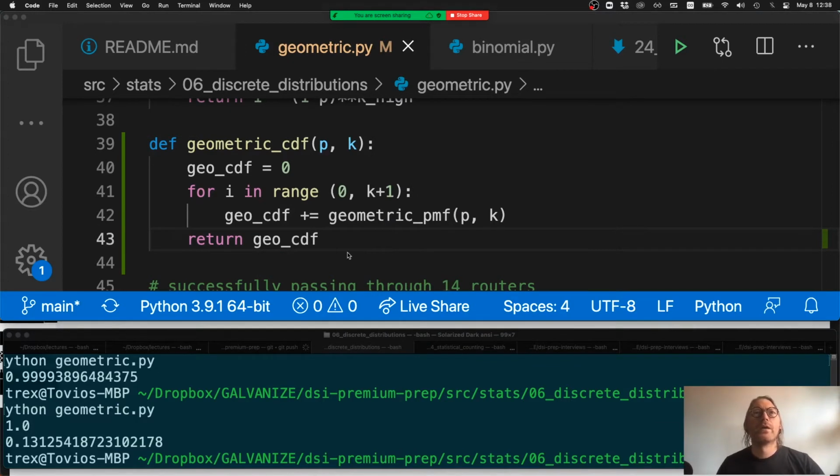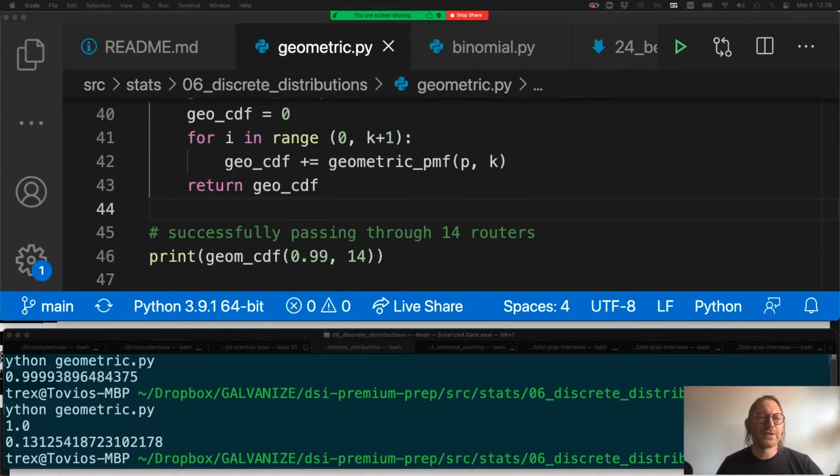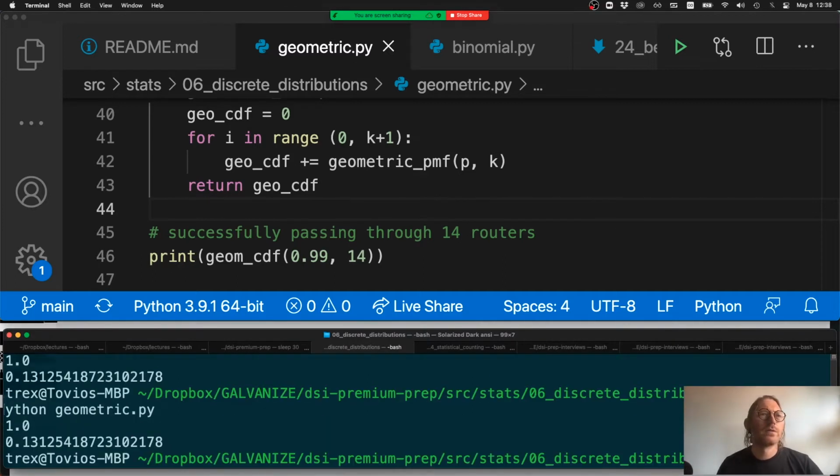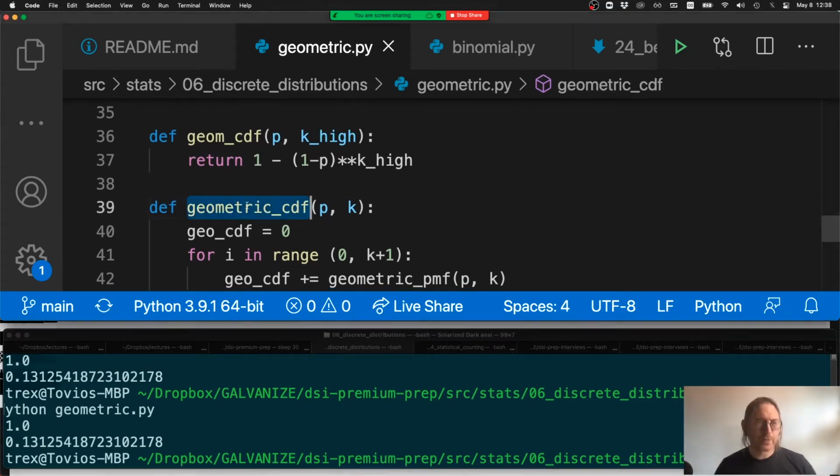Okay. So successfully passing through 14 routers, 0.99 to the 14. That makes sense to me. And then let's just see. Okay, so we're getting the same. Oh, I'm sorry, I'm calling the wrong function here.